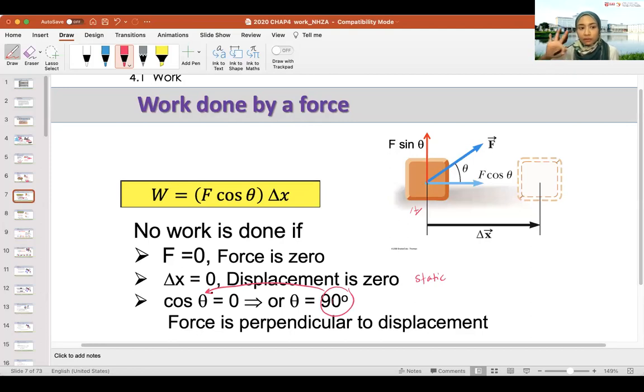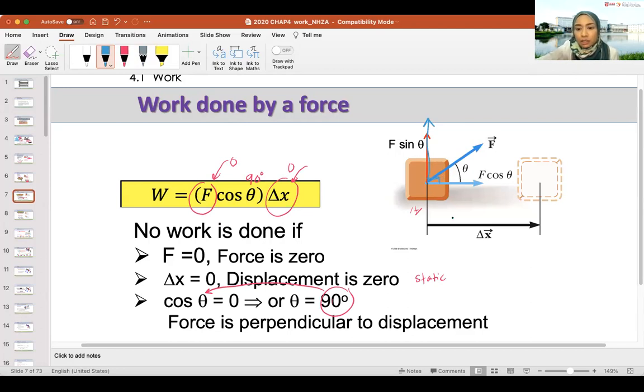Okay, so there are three factors that make work done equal to 0. The first one, force. If the force is zero, then it is zero. And then if delta X is 0, then this would also be 0. Cosine theta becomes 0 if it is 90 degrees, or it is the F sine component, it is perpendicular to displacement.